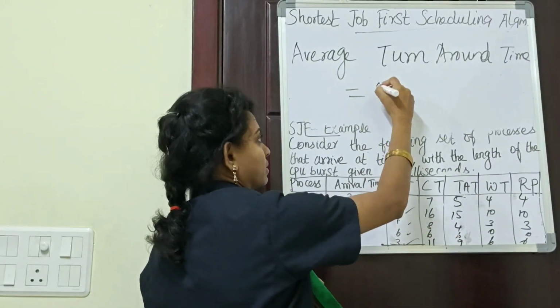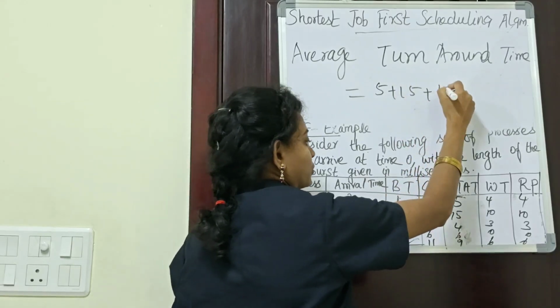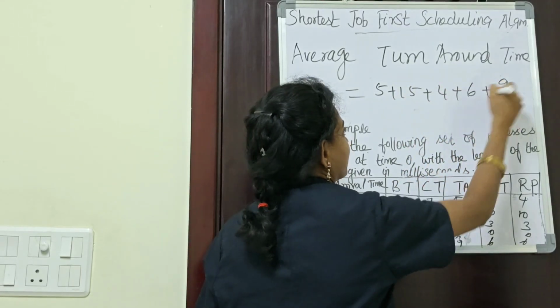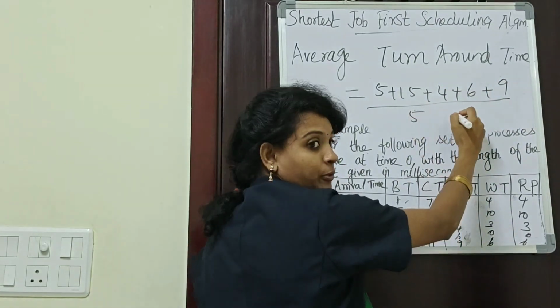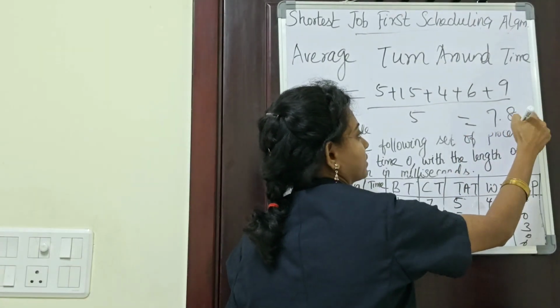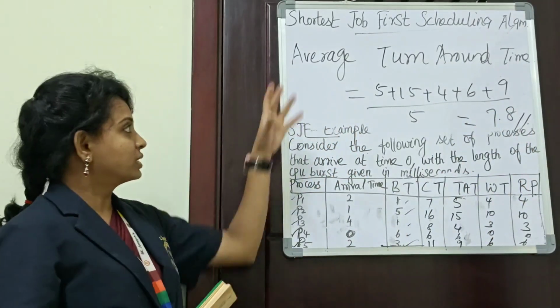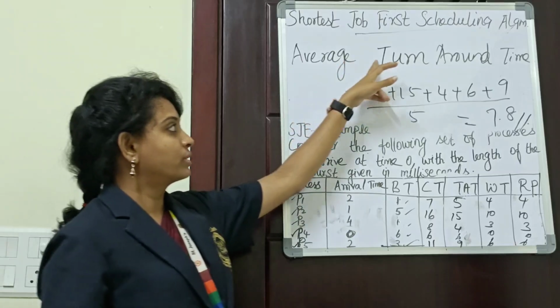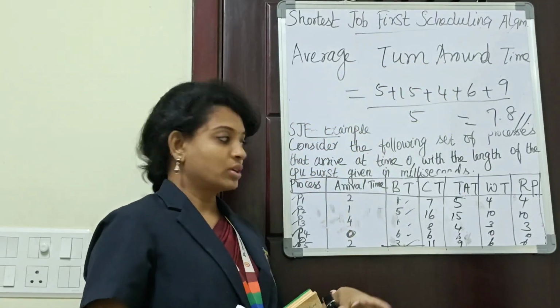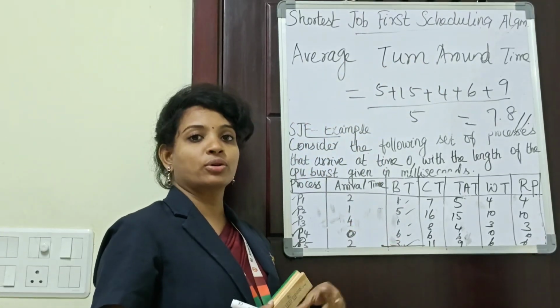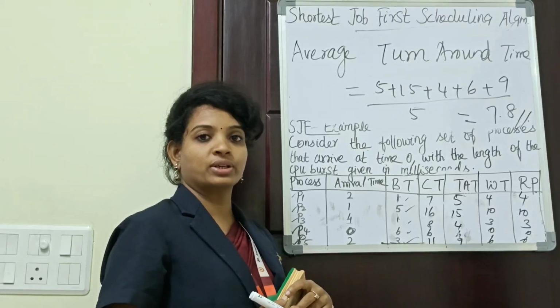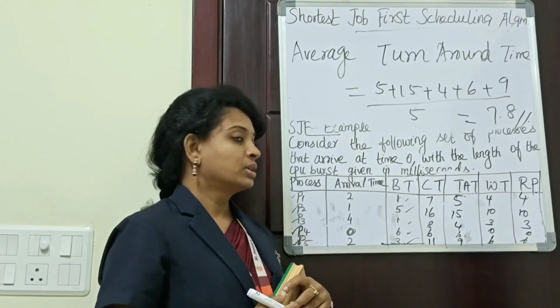So 5 plus 15 plus 4 plus 6 plus 9, divided by 5, equals 7.8. So this is the average turnaround time. This is how we can solve the shortest job first scheduling algorithm. Thank you.